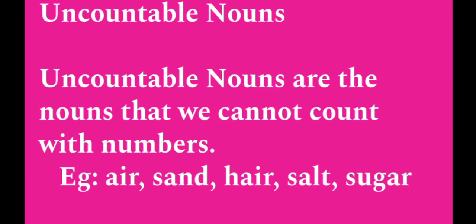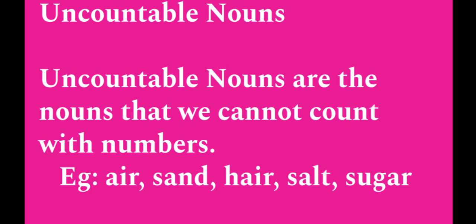Next, we are going to learn about uncountable nouns and countable nouns. Let's look at uncountable nouns. Uncountable nouns are the nouns that we cannot count with numbers. Look at the examples. Air.